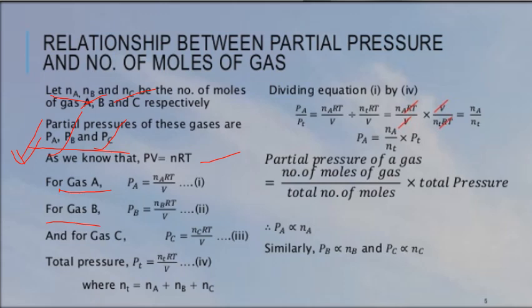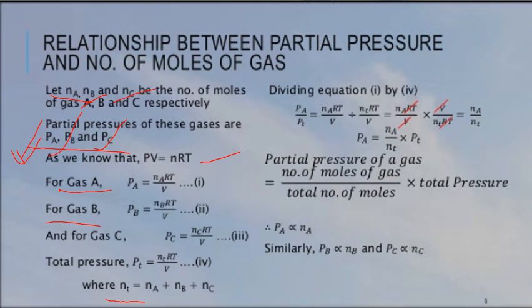What about the total of these all? Instead of writing the individual moles, I will write n total, representing nA plus nB plus nC, the moles of all three gases.